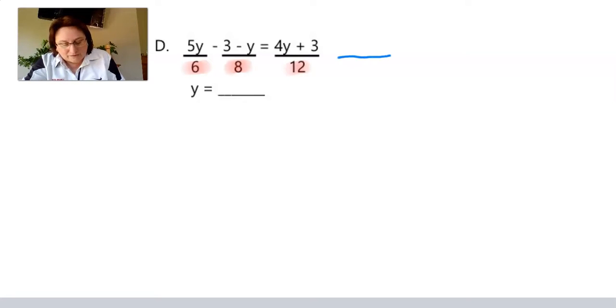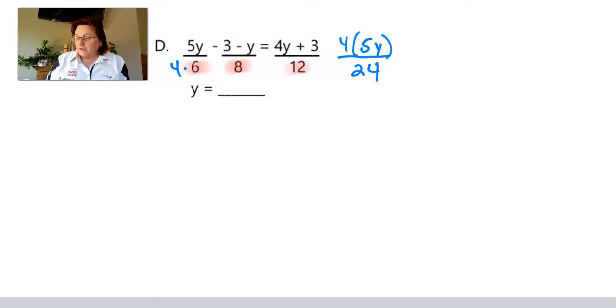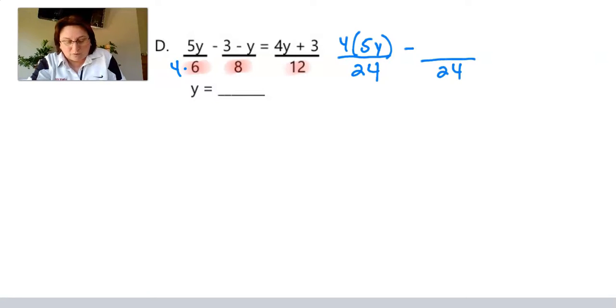All right, so if I want to go to 24, that means 6 times 4 equals 24, which means what I do to the bottom, I've got to do to the top. So I'm going to multiply 4 times 5y. And then I'm going to have minus, well, I'm going to have 24 over here too, but 8 times 3 is 24.